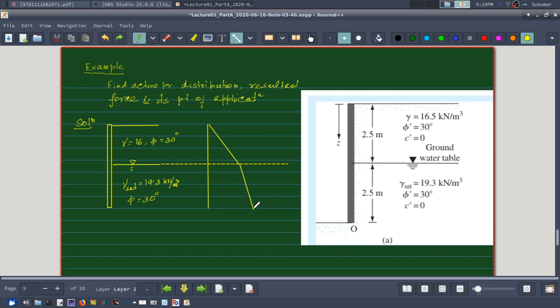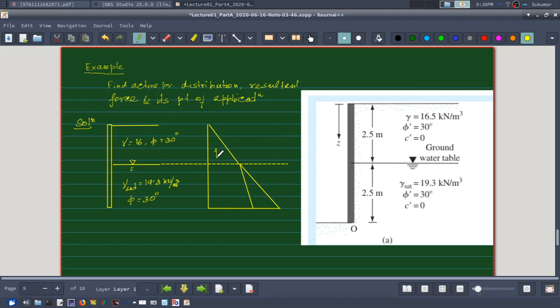So it will be somewhat like this, and in addition to that I'll have water pressure. Let me number these different regions.